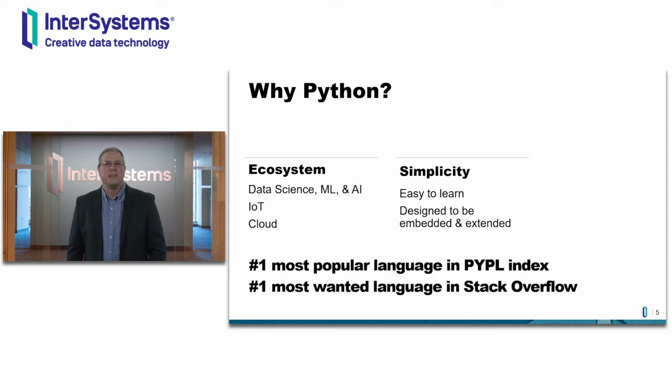The third reason is that Python fits nicely with IRIS. It's designed to be embedded. Its runtime is very similar to the IRIS runtime, making type compatibility straightforward. While ObjectScript and Python have very different histories, they have a lot in common.